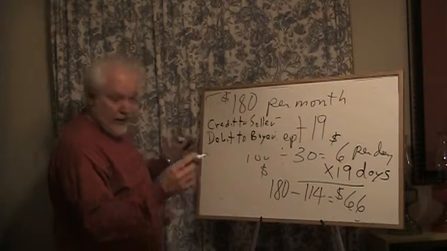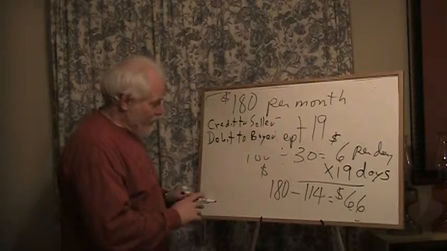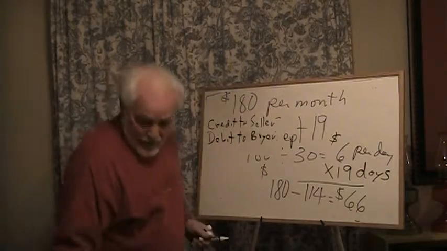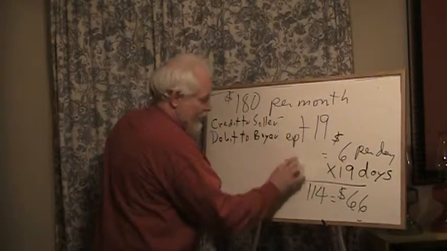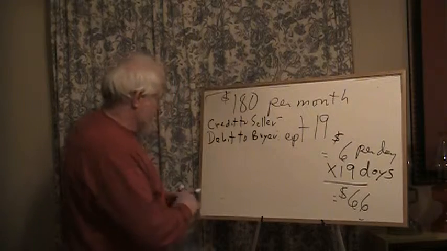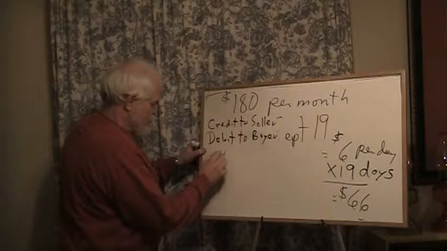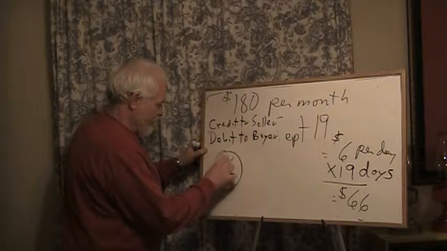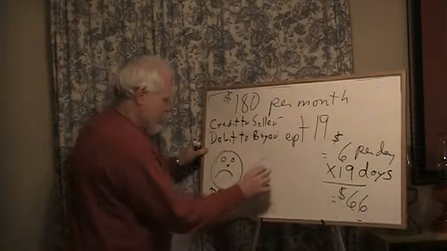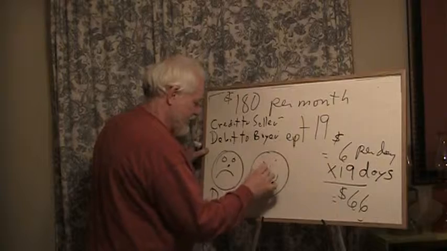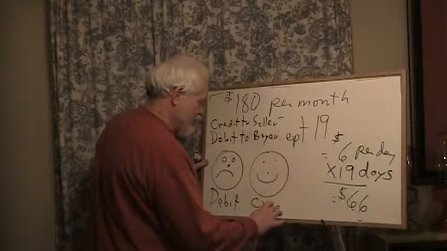By the way, I had this on a previous video. If y'all don't know this, the way I learned this a million years ago was that the debits are frowny faces. That's the debits. And the credits are the smiley faces.